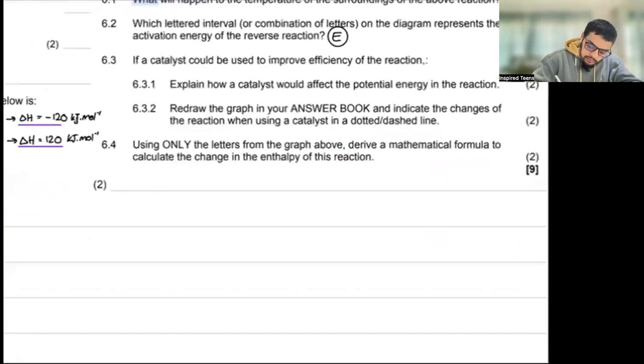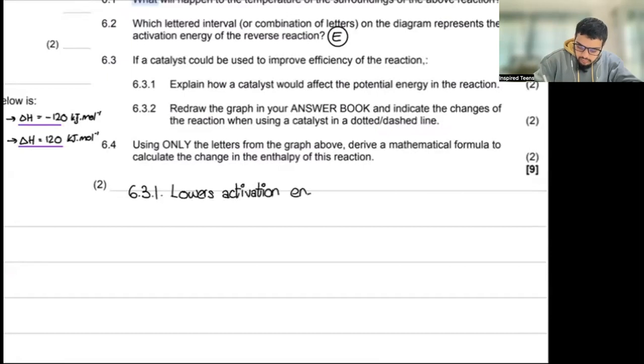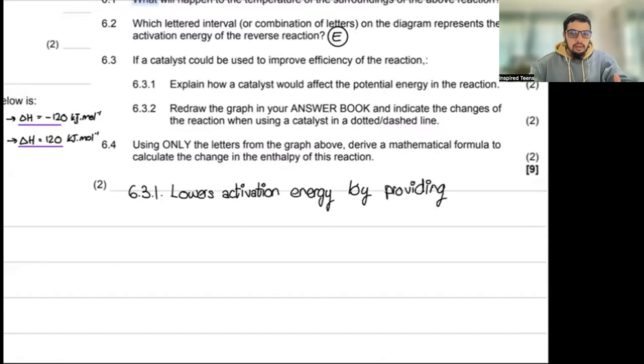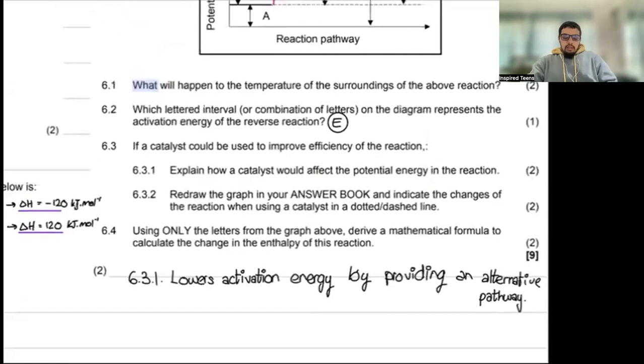Let's write that. By providing an alternative pathway, a faster pathway for the reaction to occur. 6.3.2, redraw the graph in your answer book and indicate the changes of the reaction when using a catalyst in a dotted or dashed line.